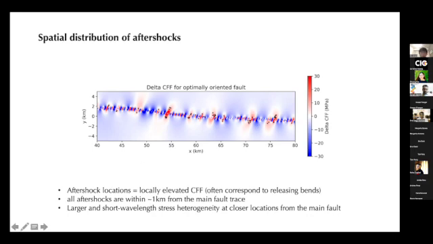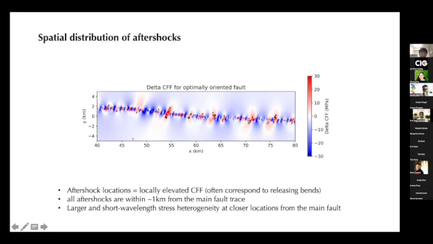And if you look at the distribution of the aftershocks, all aftershocks are within 1 kilometer or so from the main fault trace. The finite width of the aftershock distribution comes from the spatial pattern of the stress perturbation from rough fault slip, because the stress perturbation from fault roughness decays with fault-normal distance from the main shock fault.